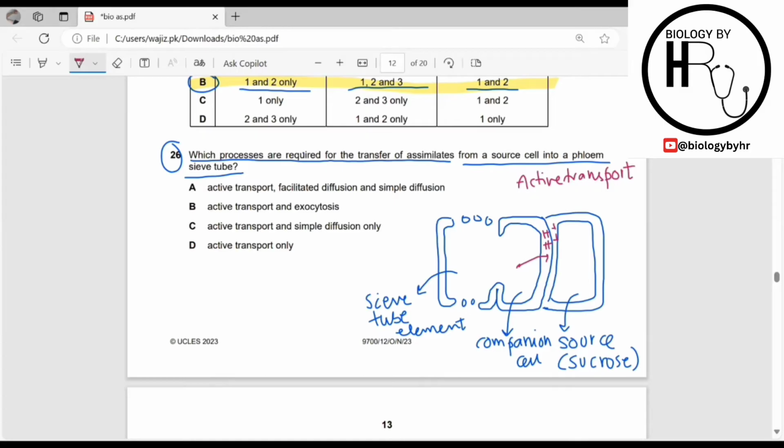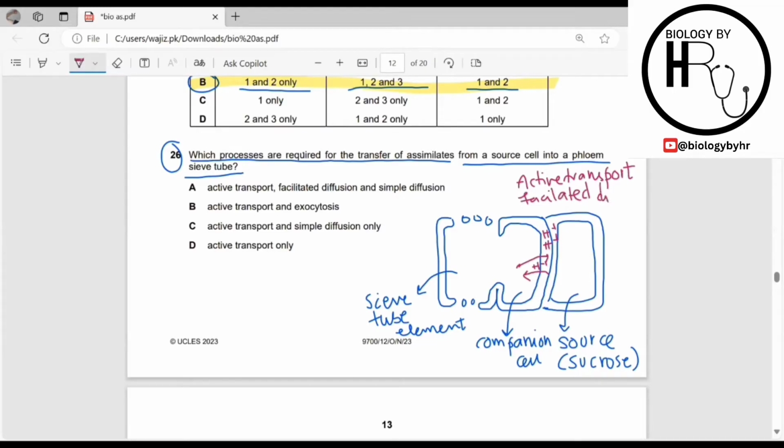Right, and when the hydrogen ion concentration inside the cell wall increases, the hydrogen ions then diffuse back from the cell wall into the companion cell by the co-transport protein. And when the hydrogen ions diffuse back down the concentration gradient with the help of a co-transport protein, we know that whenever diffusion uses a co-transport protein, facilitated diffusion is the process.